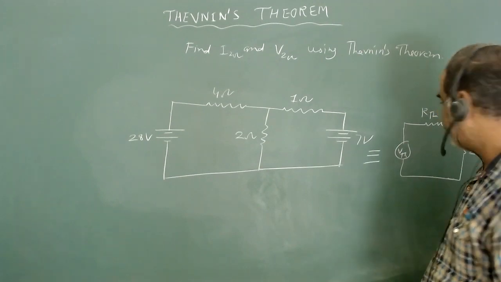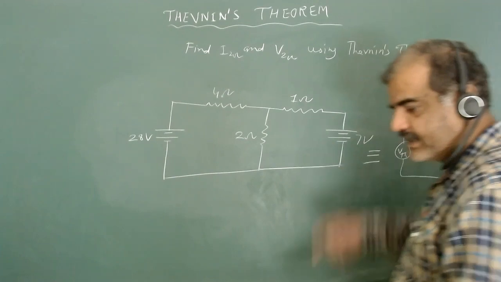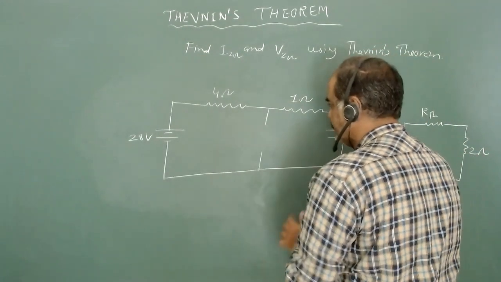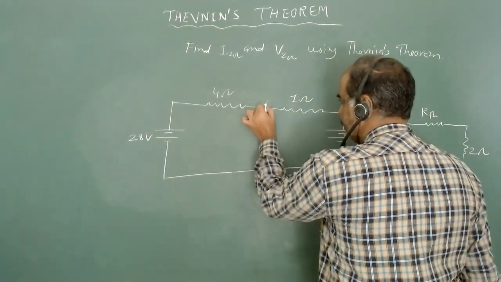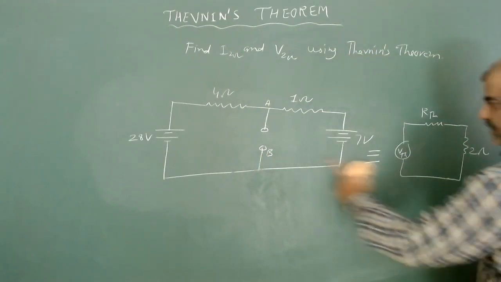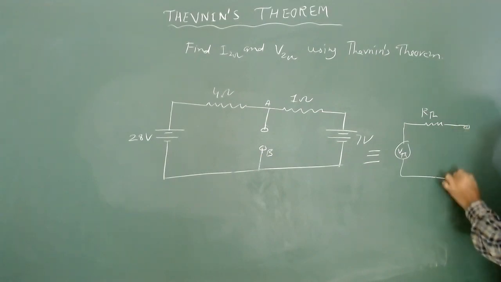In order to calculate V Thevenin, I will make this an open circuit. I will open this 2 ohm resistance. Say this terminal is A and this terminal is B. Similarly, because both circuits are equivalent, I will remove it here also, so this terminal is open.